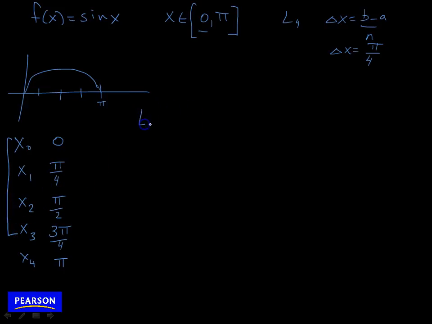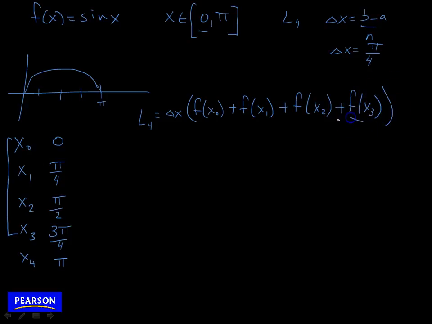So our L sub 4 is going to equal our delta x times f evaluated at x0 plus f evaluated at x1 plus f evaluated at x2 plus f evaluated at x3. And so we notice these are all 4 of the heights of our rectangles that we're going to draw here.